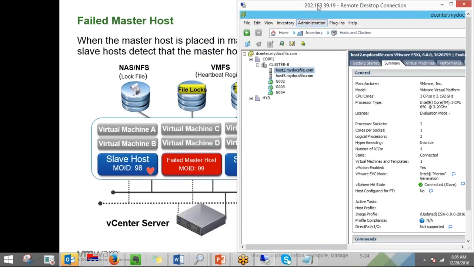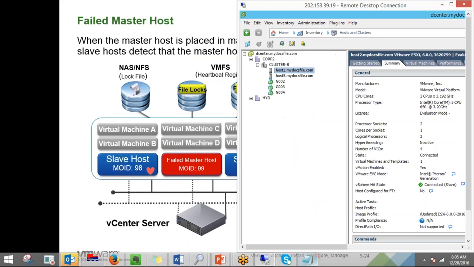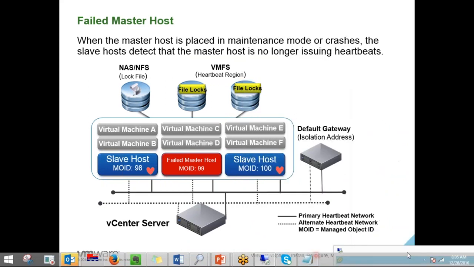Then the heartbeat will not transfer to your default gateway from your master host node to your slave host, and whenever the slave host does not receive your master host heartbeat, your vCenter server will elect one of the slave hosts as master host.